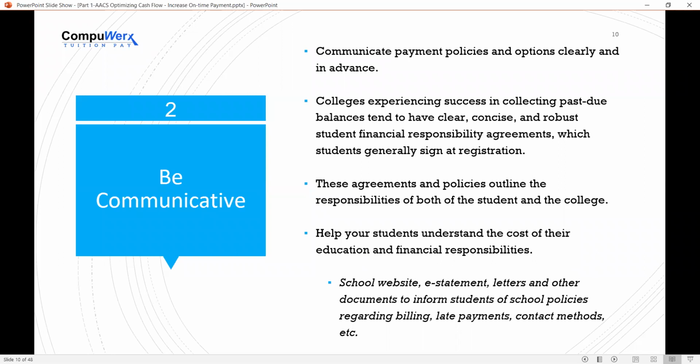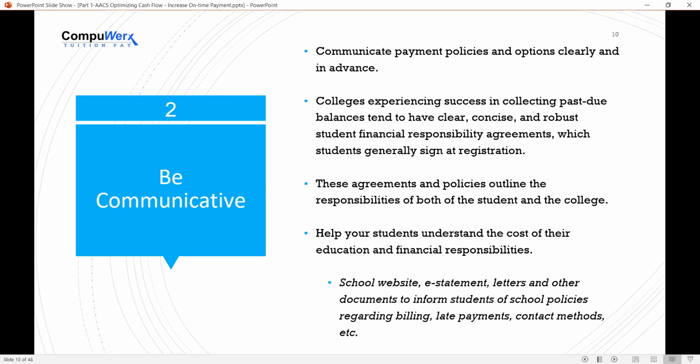Those agreements and policies outline the responsibilities of both parties, the student and also the college. It will help the student understand the cost of their education and be responsible for their financial responsibilities. You want to make those clear to your students and accessible to them.